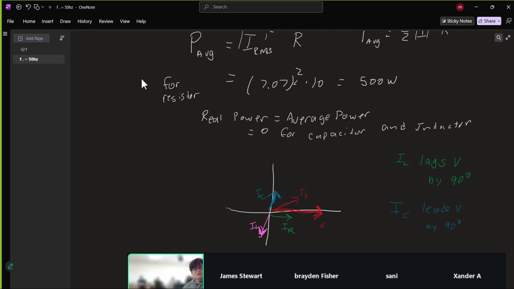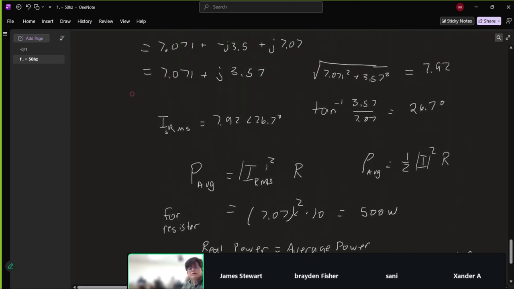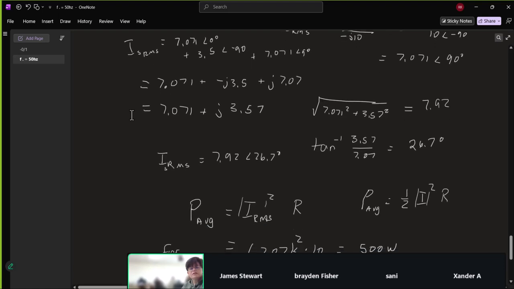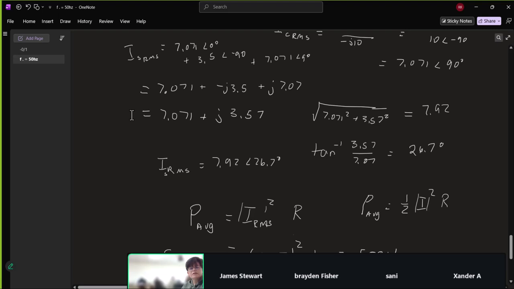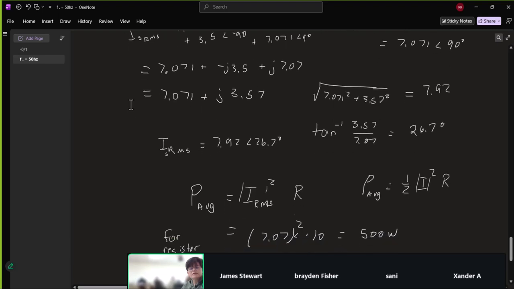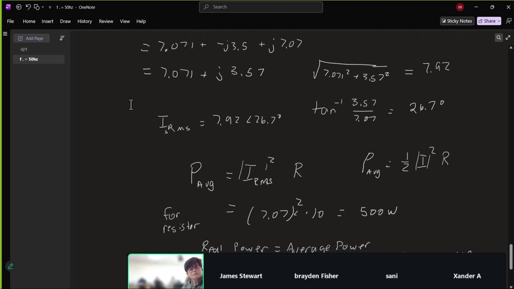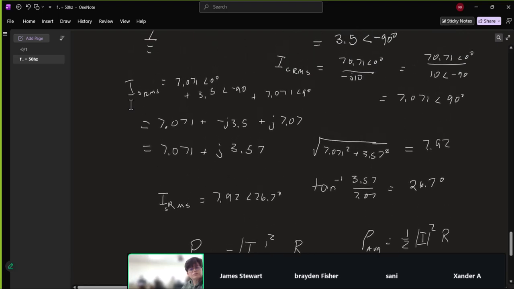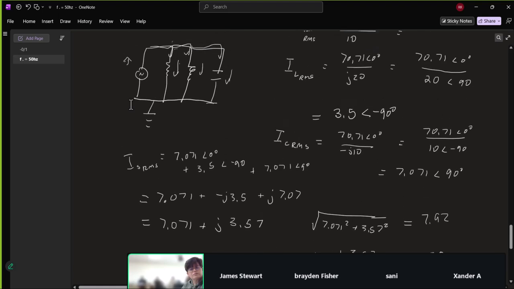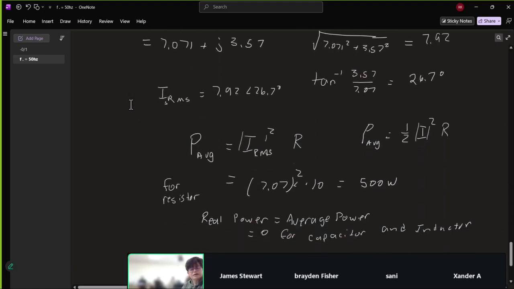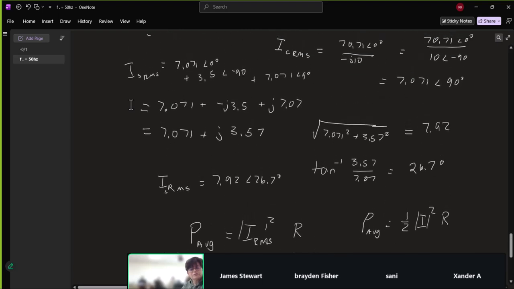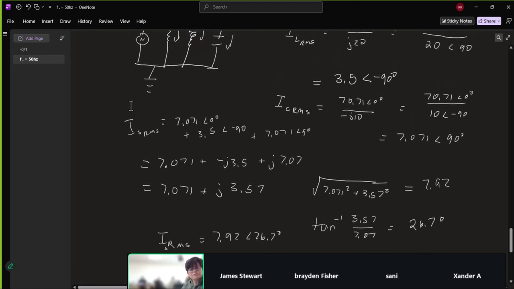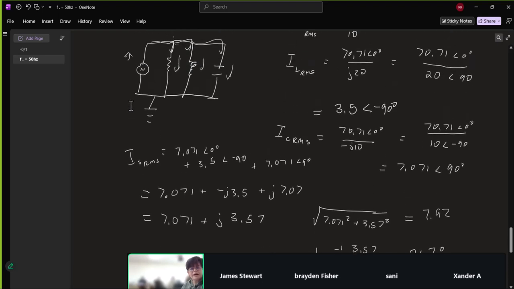It leads. So overall, yes, it is more capacitive.